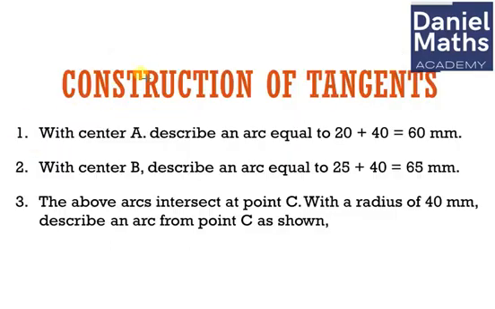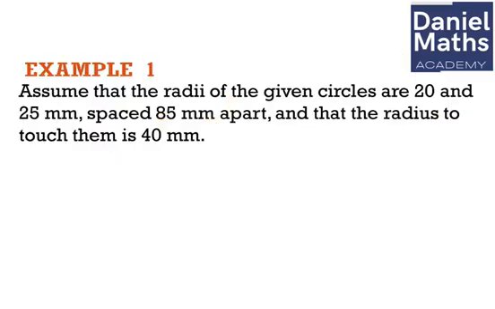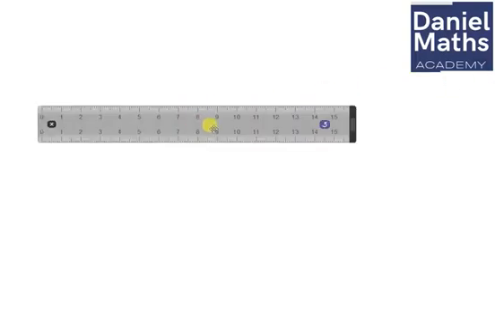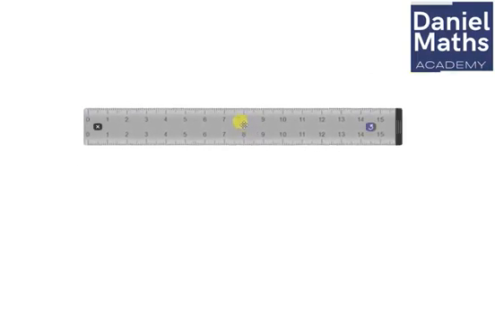The first step is that we're going to draw a line AB, which is 85 millimeters long. So now I'm going to get my ruler. Now I'm going to take my pencil and draw 85.